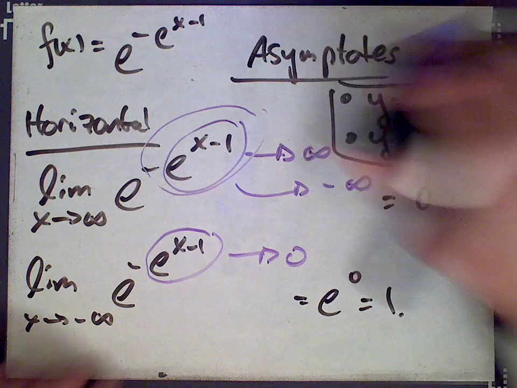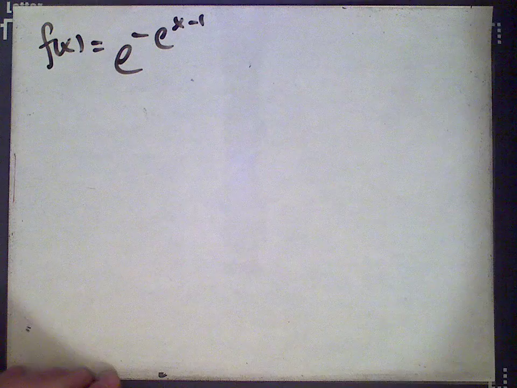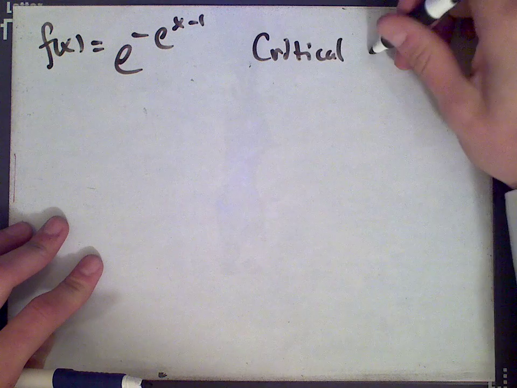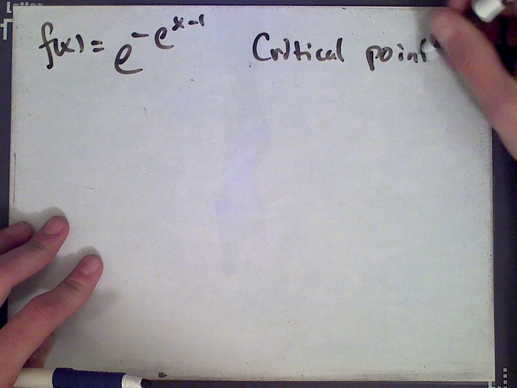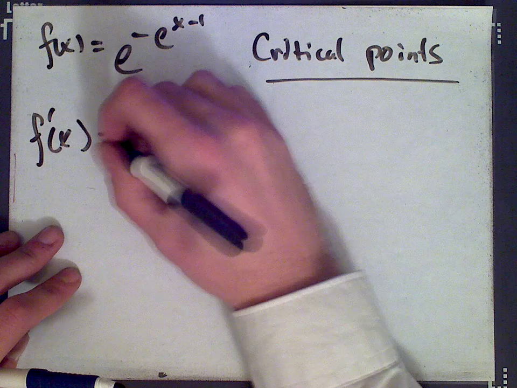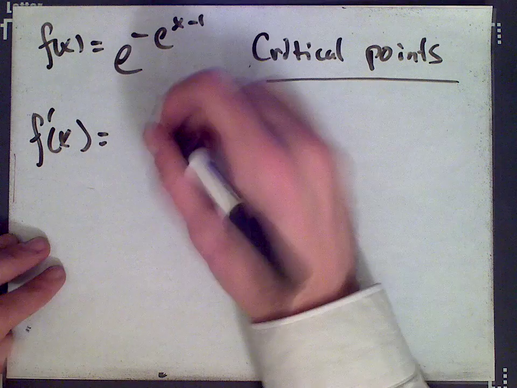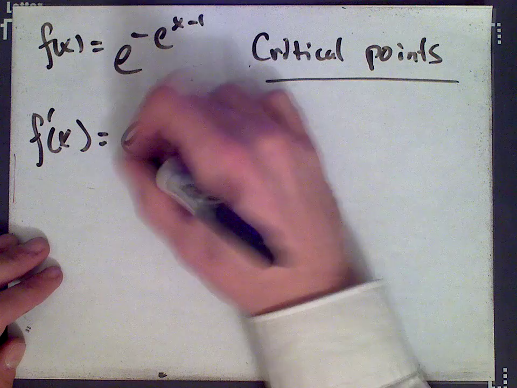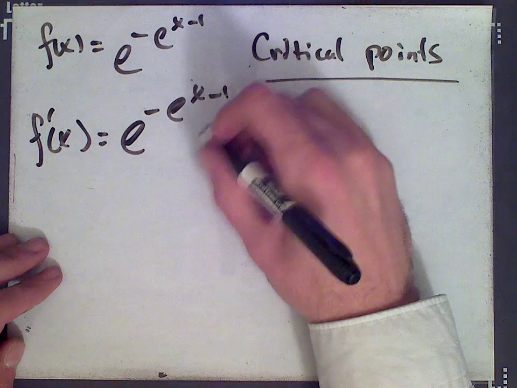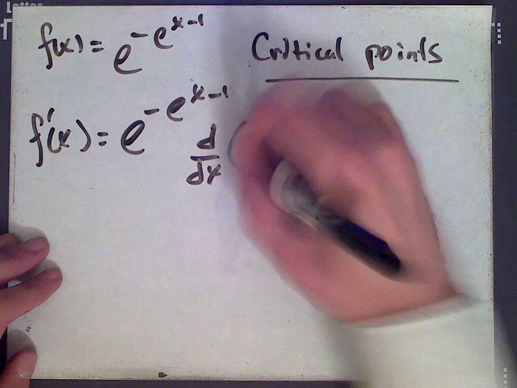Okay, let's move on and check for critical points. For this, we need to take the derivative. We have that f prime of x equals, so let's be careful with this function, somewhat complicated. So e to the power of anything, its derivative is e to that power times the derivative of the function in the power. So let me do this carefully, step by step.